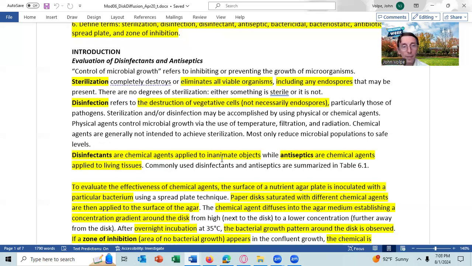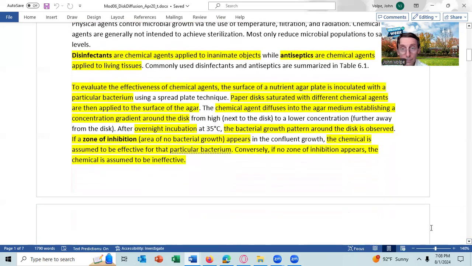All right. To evaluate the effectiveness of chemical agents, the surface of a nutrient agar plate is inoculated with a particular bacteria. Paper discs saturated with different chemical agents are then applied to the surface of the agar. The chemical agent will then diffuse into the agar, establishing a concentration gradient around the disc.